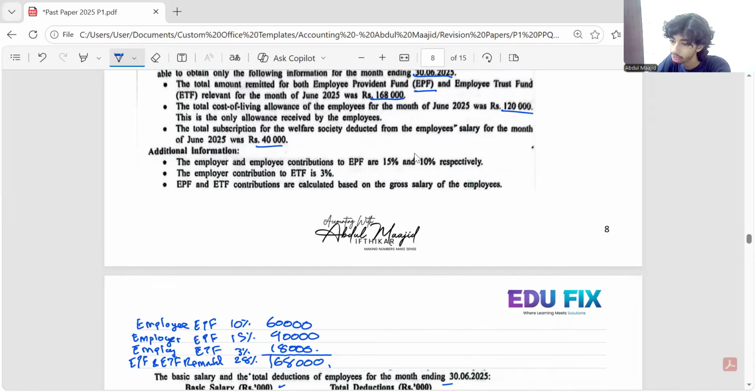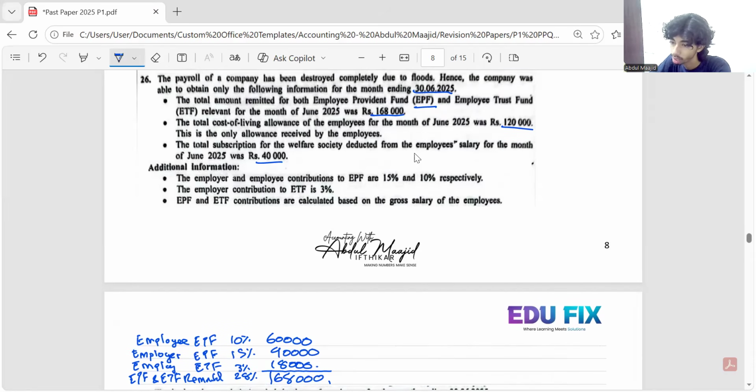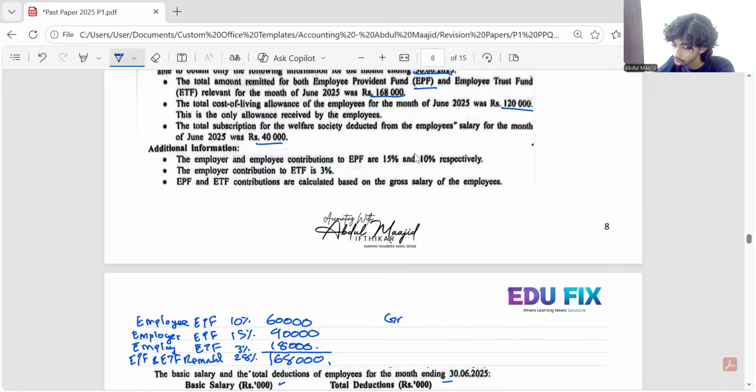So what are they asking for? The EPF and ETF are calculated on the gross salary. Then gross salary will be 100%, right? How much will be the gross salary? 168 divided by 28 into 100, gross salary will be 600,000.